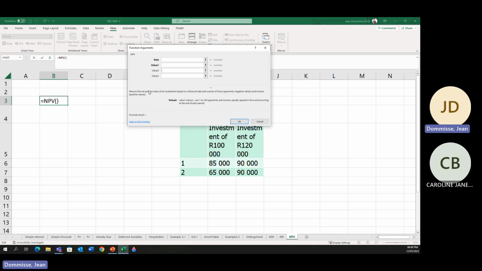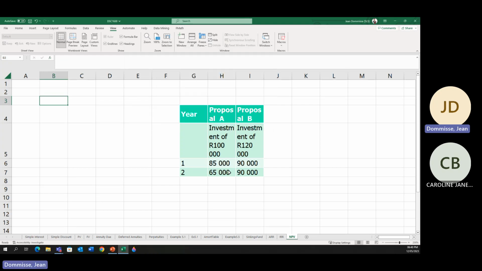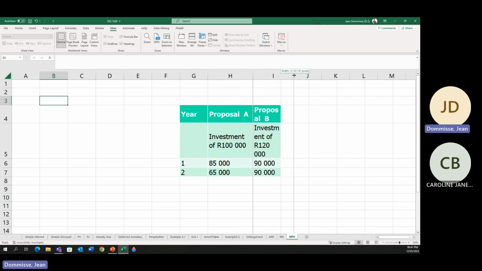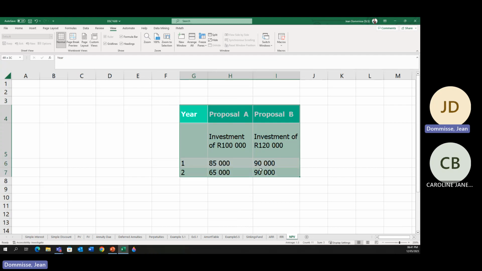So exercise 6.5 tells us an investor contemplates two investment proposals, A and B. The investment and cash inflows are tabled below, which is this table here.